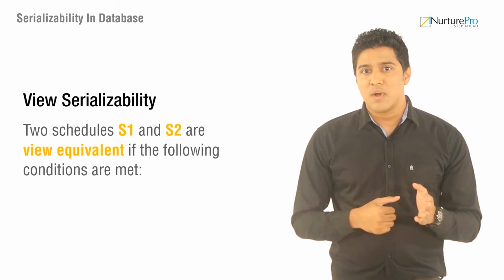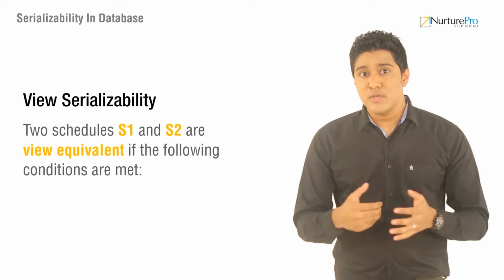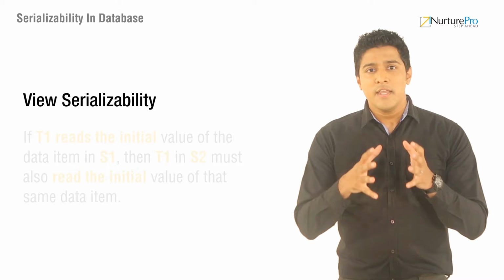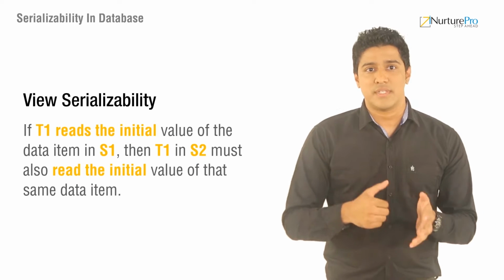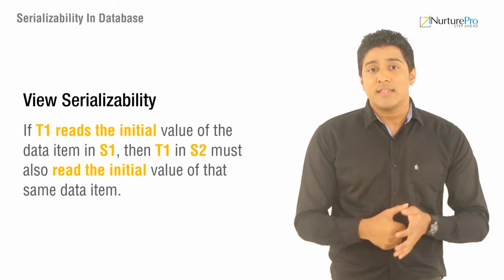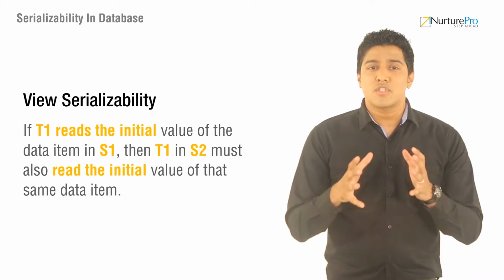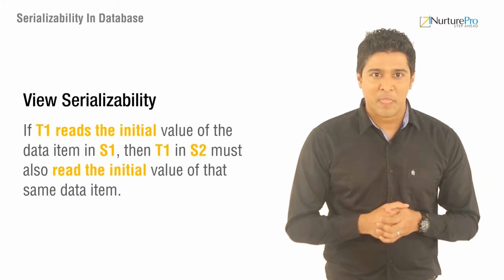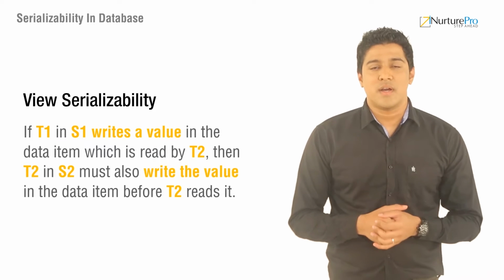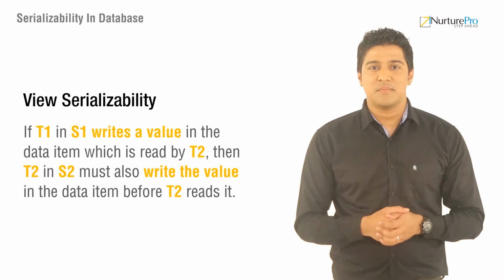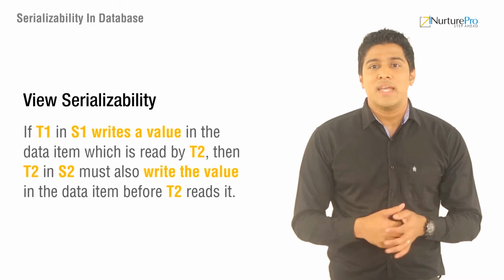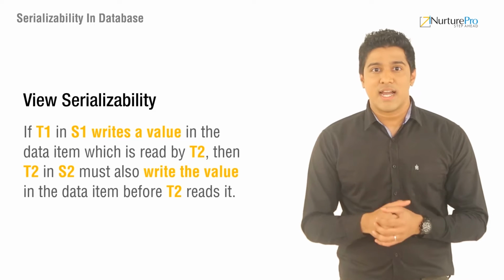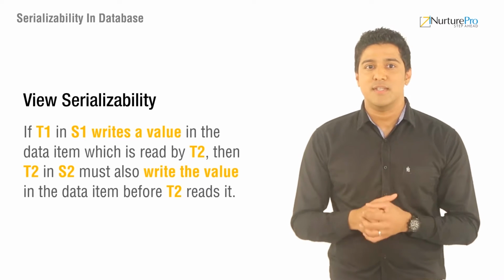Two schedules S1 and S2 are view equivalent if the following conditions are met. If T1 reads the initial value of the data item in S1, then T1 in S2 must also read the initial value of that same data item. If T1 in S1 writes a value in the data item which is read by T2, then T2 in S2 must also write the value in the data item before T2 reads it.